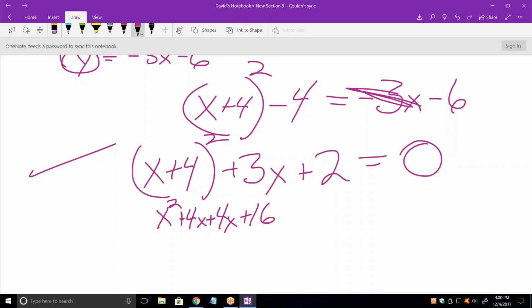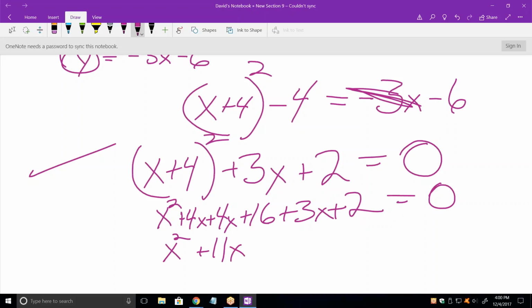Keep going. And then plus 3x plus 2. Okay. Gather all like terms, simplify. So x squared plus 11x plus 18 equals 0.